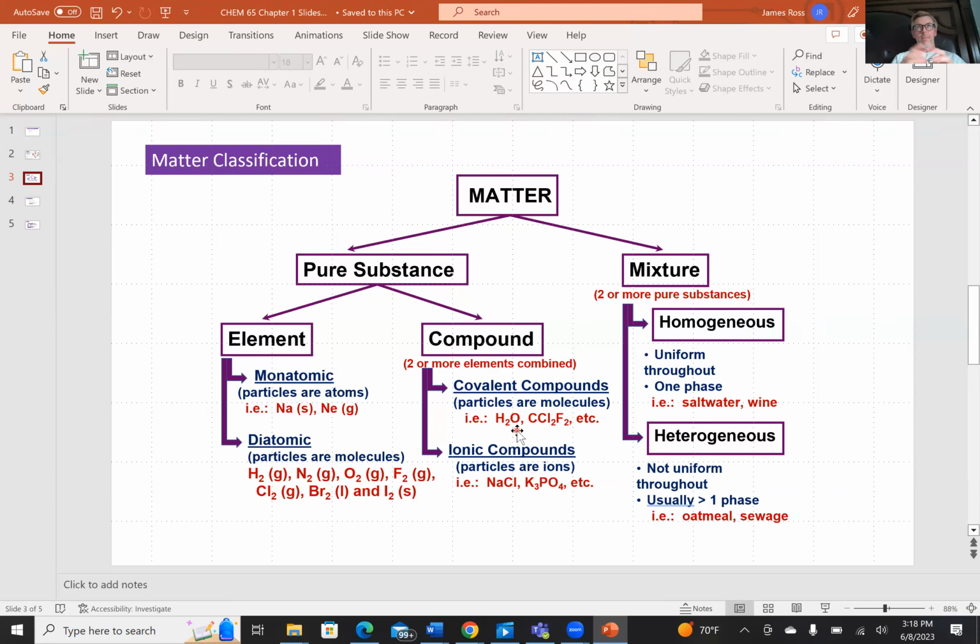If you were to take a bucket of water, fish your hand in, randomly grab a sample, you would have only H2O. There's no variance, you just have H2O. So that would be considered pure, even though it's a pure compound rather than a pure element.